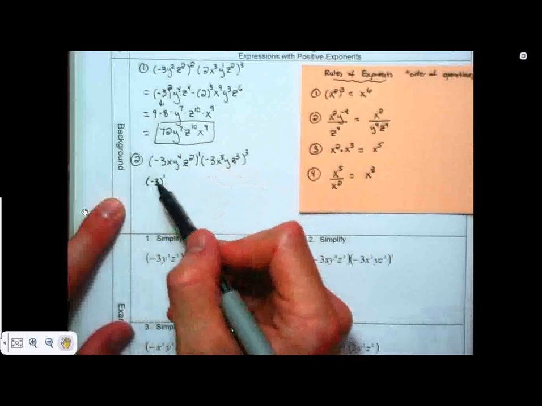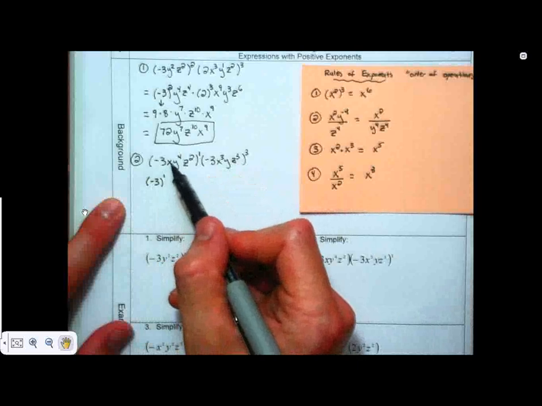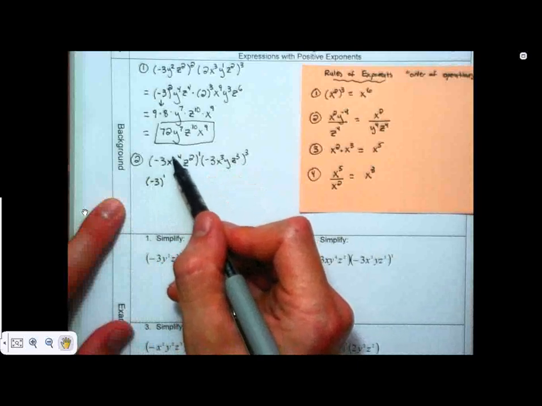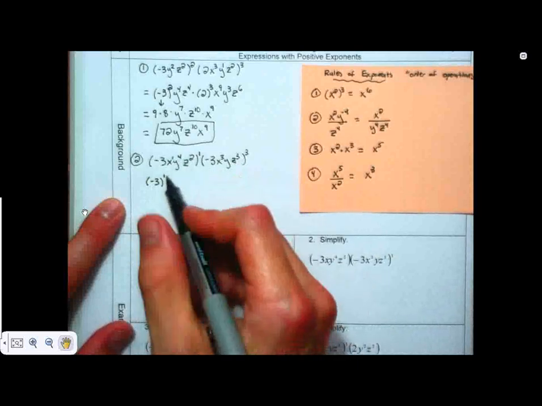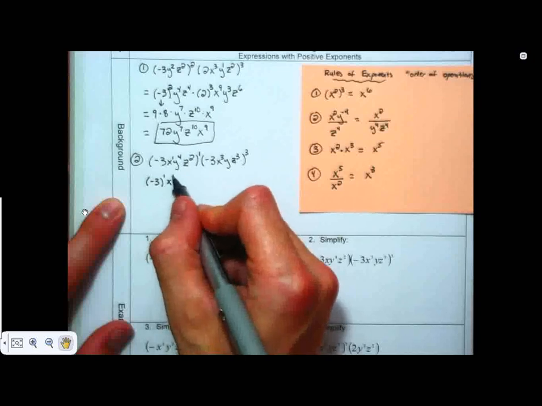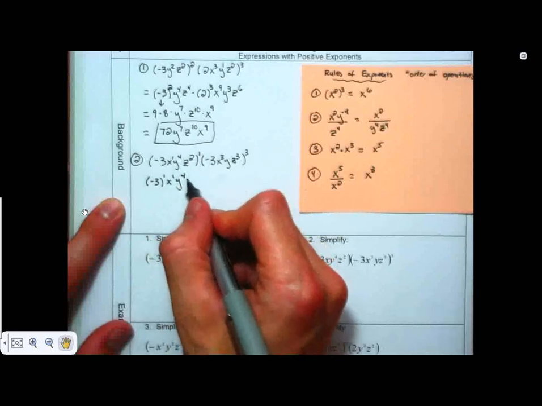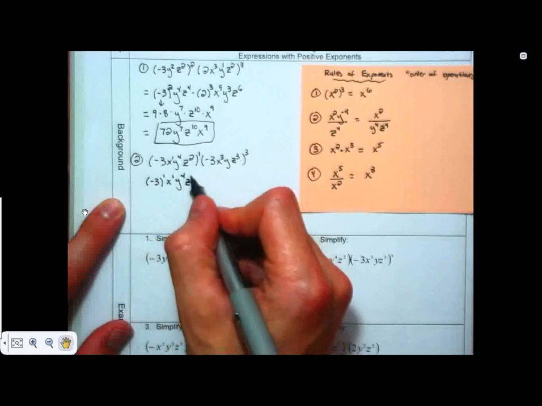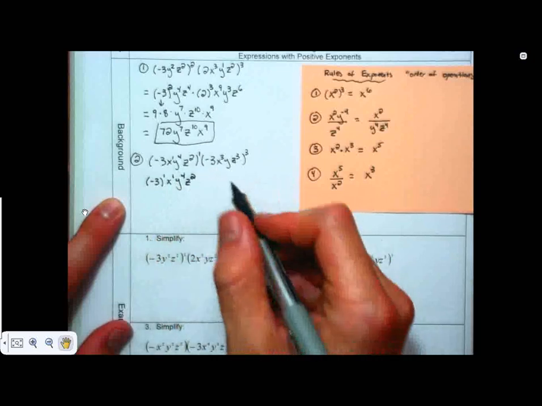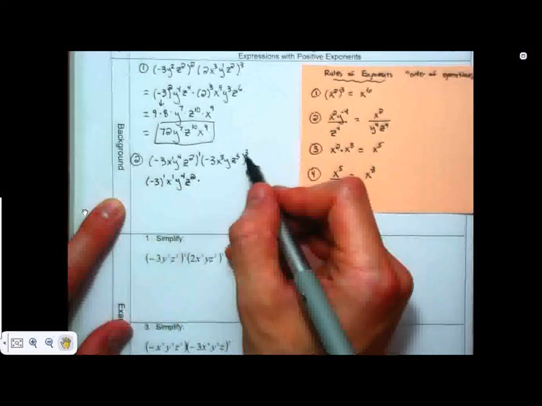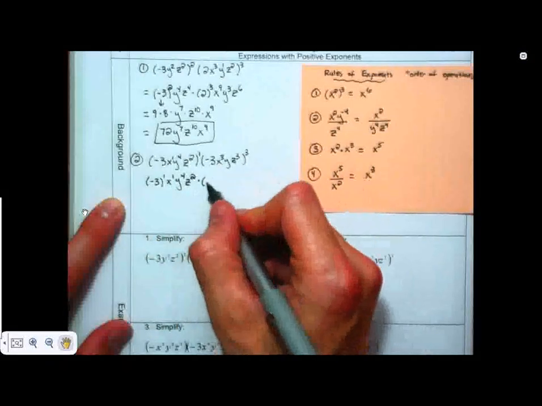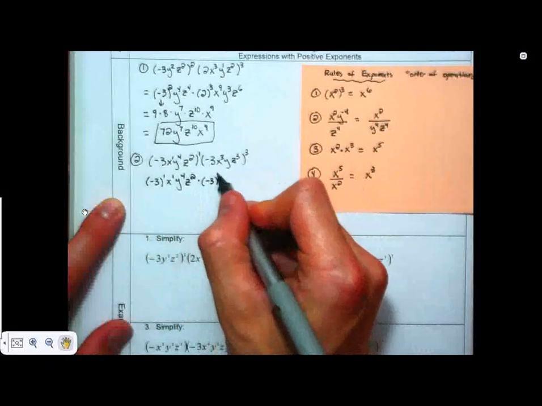Or not last, but I take care of them later. I've got x to the first, so if I multiply 1 times 1, that's 1. 4 times 1 is 4. 2 times 1 is 2. And then multiplied by, okay, then I've got -3 to the third.